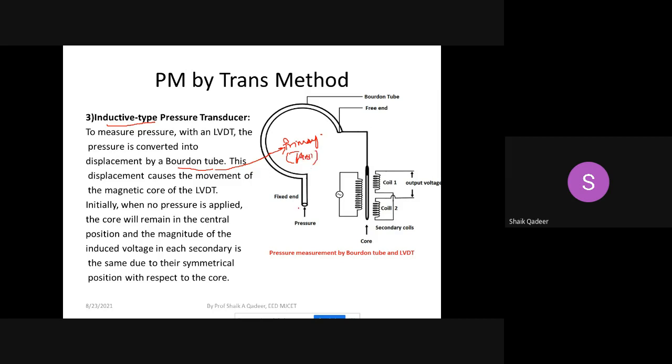Okay, this displacement is actually, you see, this is our LVDT setup. Already we have seen this thing, right? This is LVDT.